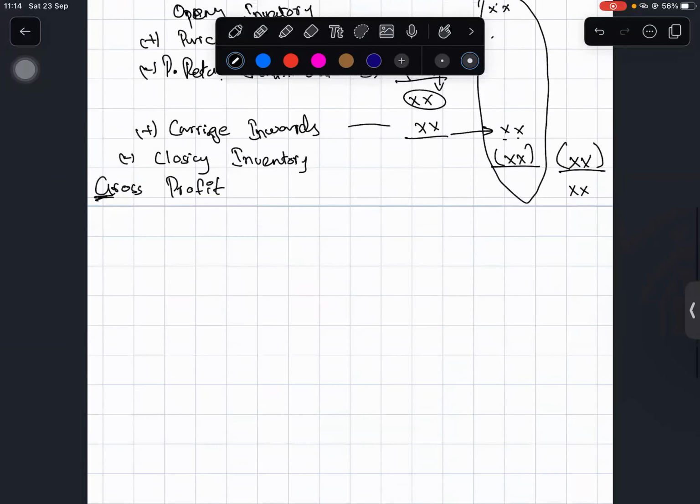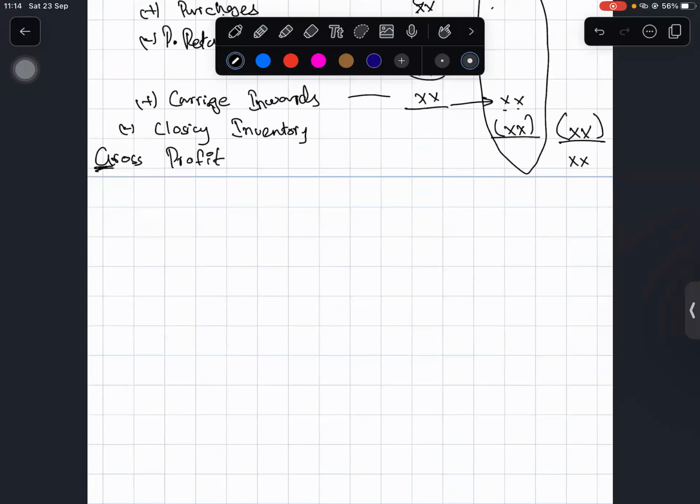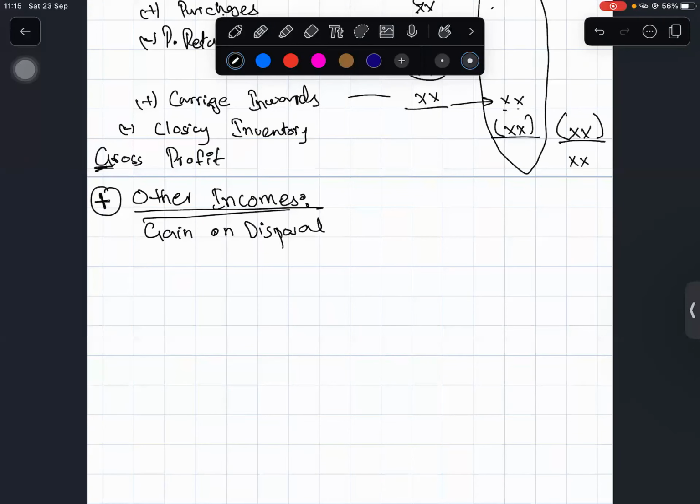Now, after gross profit, what we do is we add other incomes. Now, other incomes can include a few things. First of all, it can include the gain on disposal. Remember when we were doing depreciation, we heard about the gain on disposal. Yes, sir. Yeah.